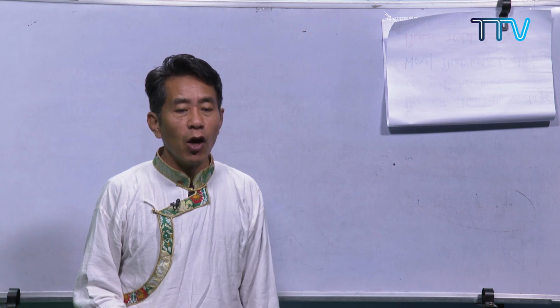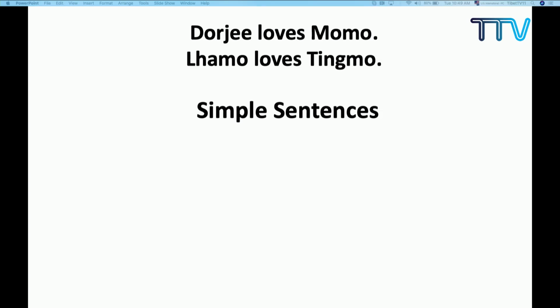Now, if you look at this, these are simple sentences, as was already mentioned. Why is this a simple sentence? Because this is an independent clause with one subject, and sometimes in a simple sentence there are compound verbs or compound subjects. Lower class students write sentences like this, simple: Doji loves Momo, Hamo loves Tingmo.